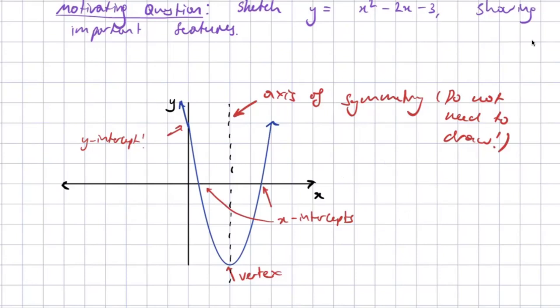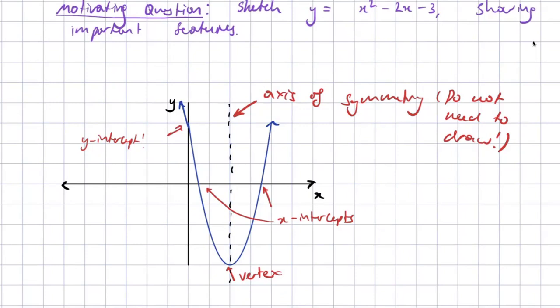Okay. And the vertex, which we know has to go through the axis of symmetry. So we'll often find that to be able to find the vertex. So once you've done all of those key skills and you know how we go and find each of those particular things, then we're able to begin sketching parabolas.